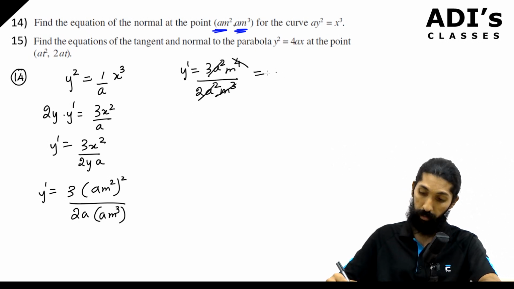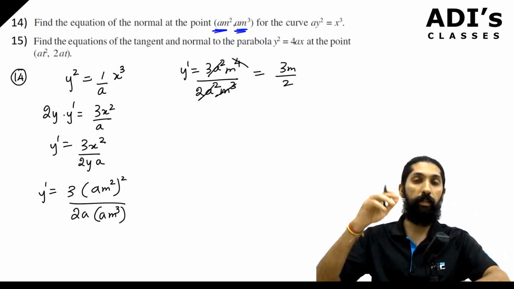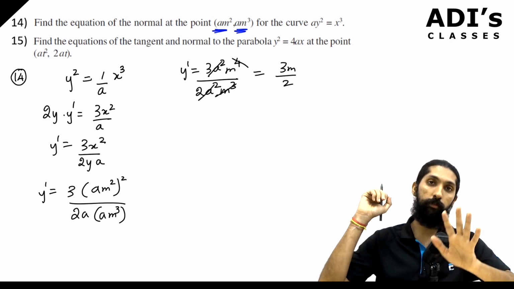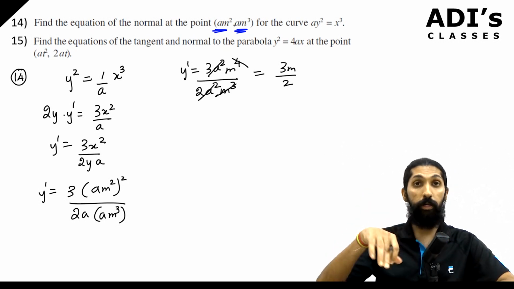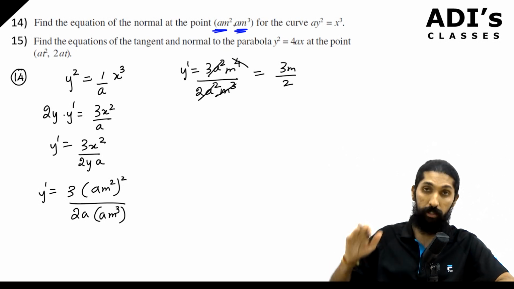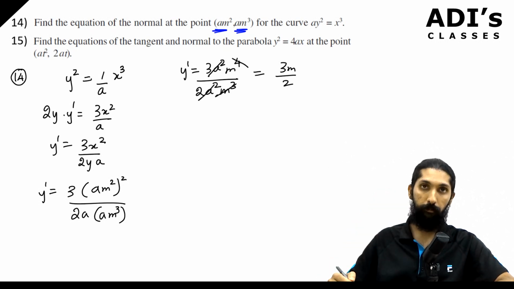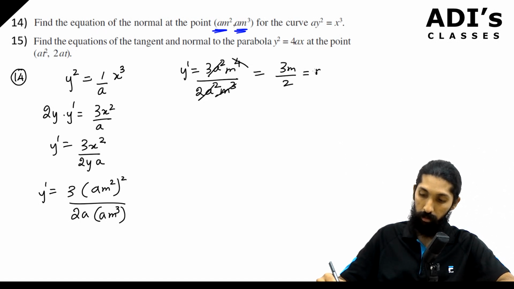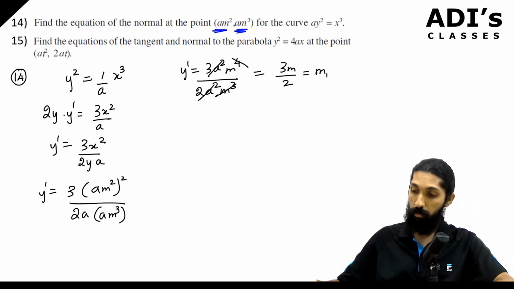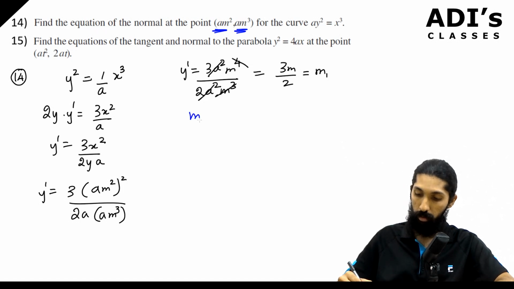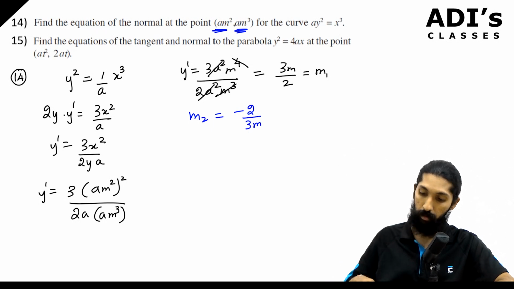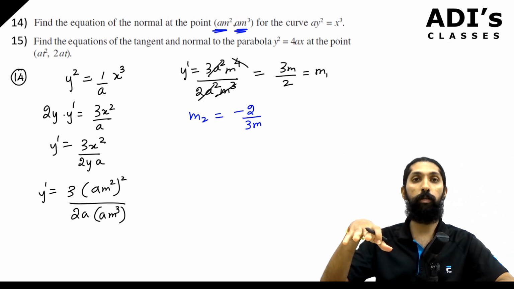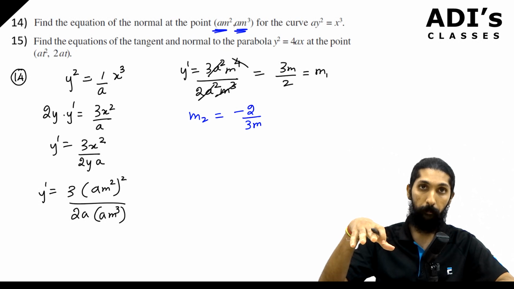So this is going to become 3m divided by 2. See, 3m by 2 is the slope of the tangent. What you need is the slope of the normal. So reciprocate and put the negative sign. Call the tangent slope m1, so now you have m2 is equal to minus 2 by 3m. So minus 2 by 3m is going to be the slope of the normal, right?